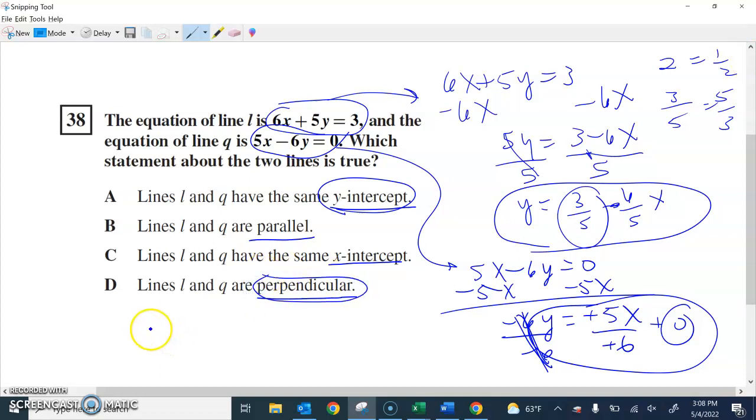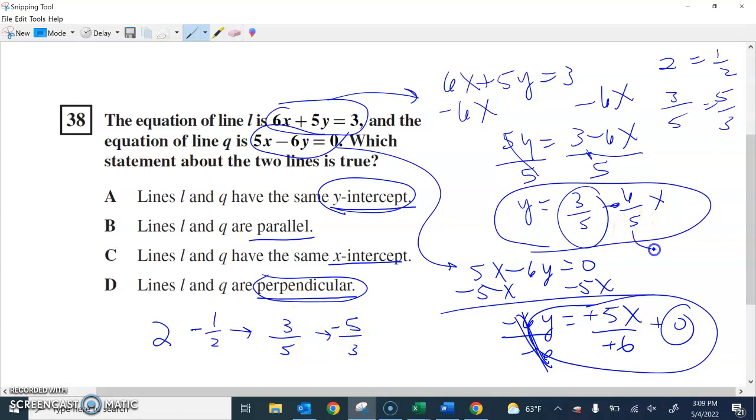Let me give you an example. A line perpendicular to a line with slope 2 would have a slope of negative 1 over 2. A line that is perpendicular to 3 over 5 would have a slope of the reciprocal, but it would go to negative. So there's a reciprocal and then a sign switch.